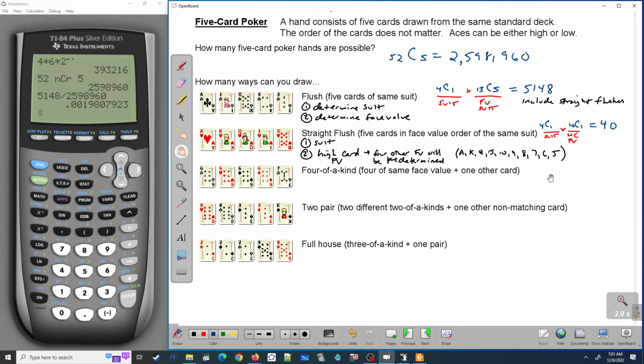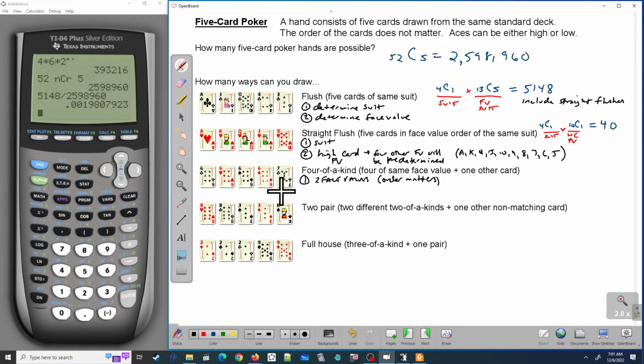Let's go find out. So if I was trying to build a 4 of a kind, here's where it gets kind of interesting. I would want to figure out 2 face values, and it would be where order matters. And I'm going to explain why I'm saying it this way. One of the face values, the first one, is going to represent my 4 of a kind.